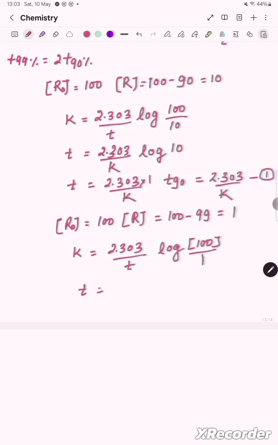So time is equal to 2.303 by K log 100. We can write log 10 power 2. So here we calculate that time required at 99% is equal to 2.303 upon K, 2 log 10 means 2 multiplied by 2.